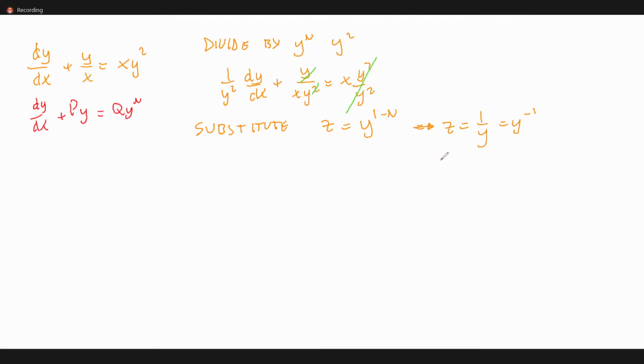And we need to take dz/dx, which we know is equal to 1 minus n, 1 over y to the power of n dy/dx. So in our case, dz/dx is equal to negative 1 over y squared dy/dx.